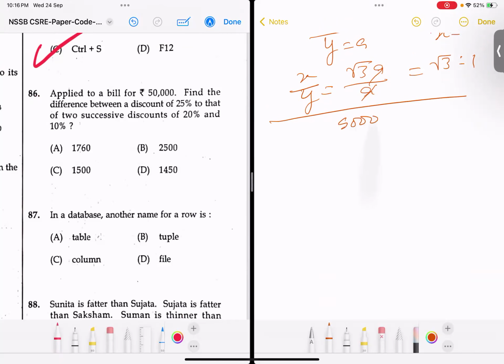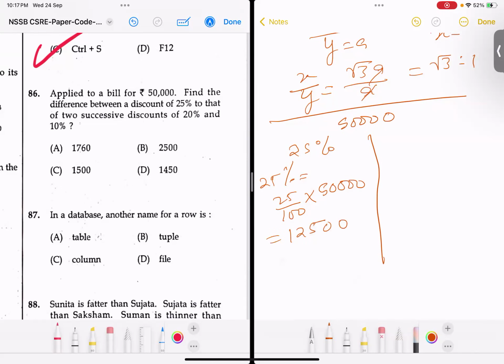In the first case, the discount is 25%, which is 25 by 100 into 50,000, which is equal to 12,500. So this is the 25% discount.